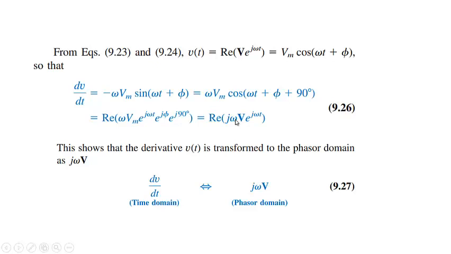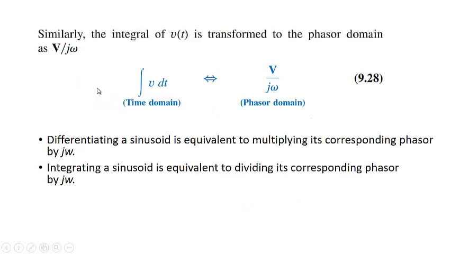So when I have a derivative of any phasor, I just have to multiply the actual phasor by j omega to get its derivative. That means dv/dt in the time domain is equal to j omega V in the phasor domain. Similarly, in integral form, the integral of v dt in the time domain will be divided by j omega, because it is the opposite of the differential.